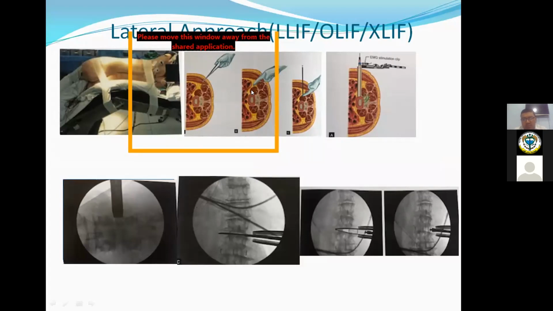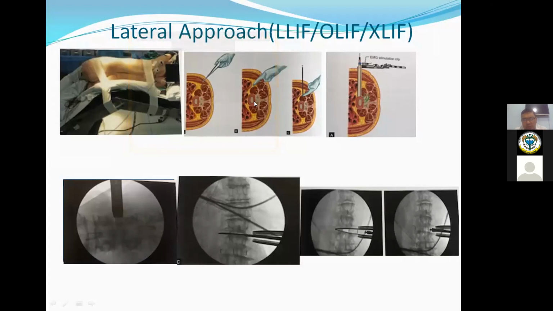This is either trans-psoas, which is lateral lumbar interbody fusion, or the prepsoas, anterior to the psoas. Once we locate the psoas, we pass the serial tubular dilators.